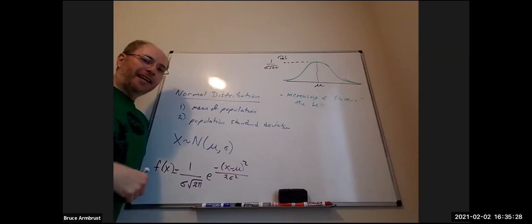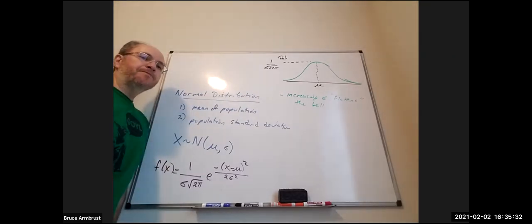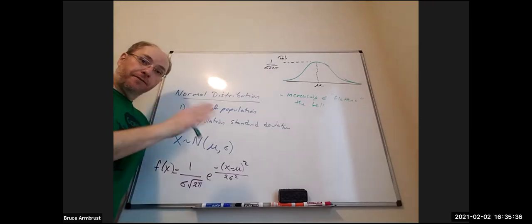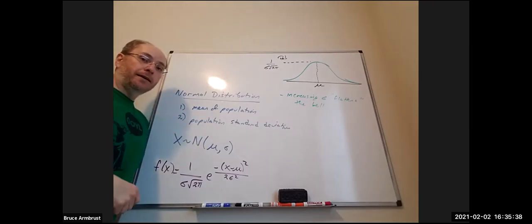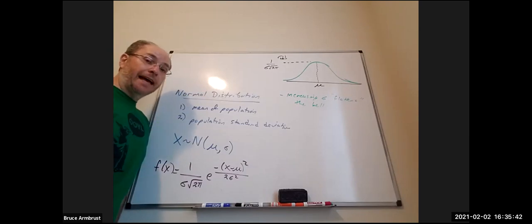So remember, standard deviation is just telling you how much the data is spread out. So if the data gets spread out a lot, if there are lots of values that are far away from the mean, it's going to cause this thing to shrink.